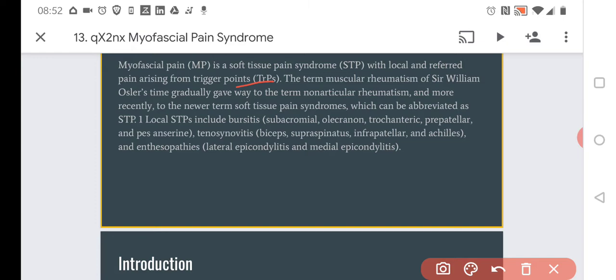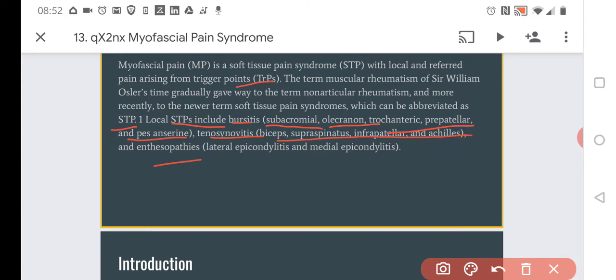The newer term, soft tissue pain syndrome, which can be abbreviated as STPS, is also relevant. In the STPS, we include bursitis, subacromial or trochanteric, prepatellar, and so on, tenosynovitis like the biceps, supraspinatus, and Achilles, and so on, and enthesopathies.